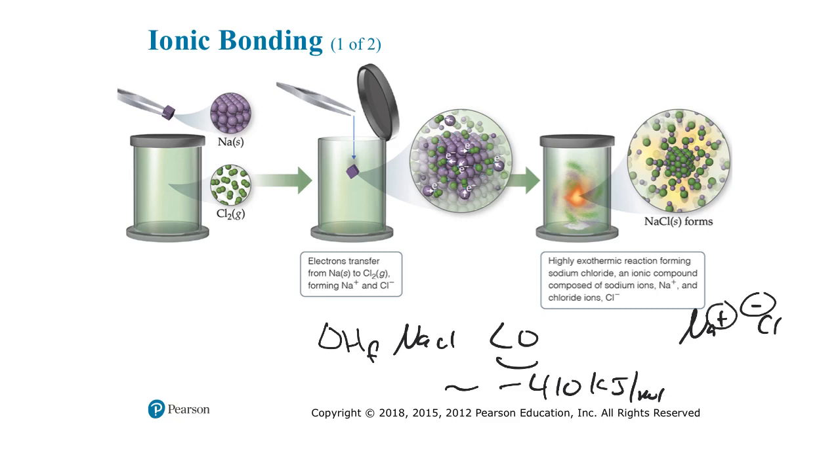And so you can sort of think that for sodium, there's an energy it takes to separate it from the solid lattice, to separate all the sodium atoms. Then there's going to be an energy it takes to ionize the sodium. Those are all positive amounts of energy. So sodium solid has to separate itself into gaseous atoms.